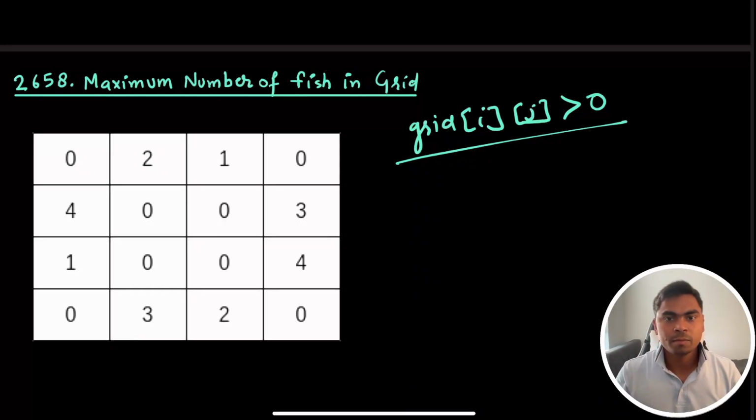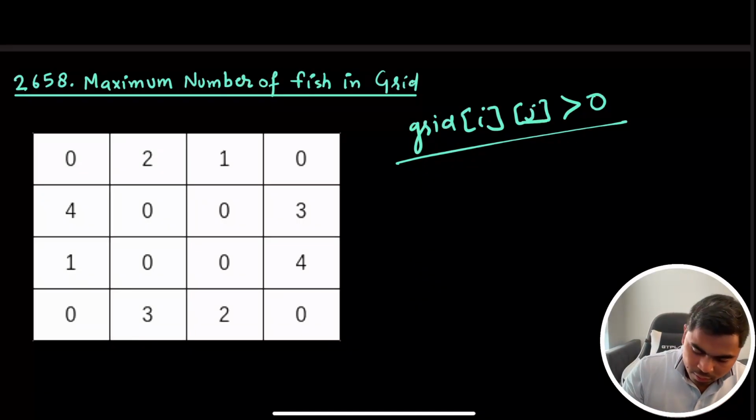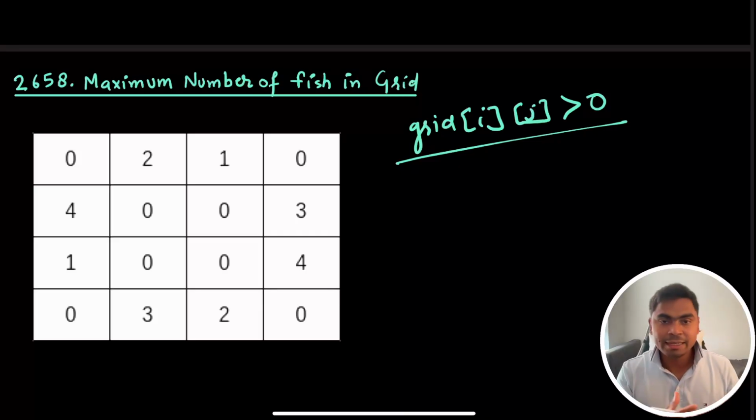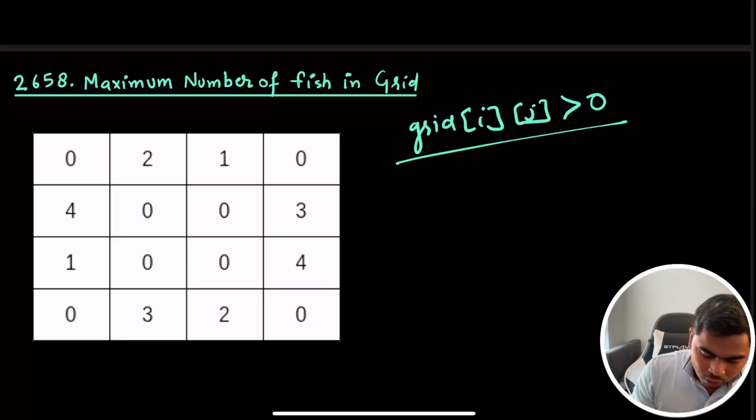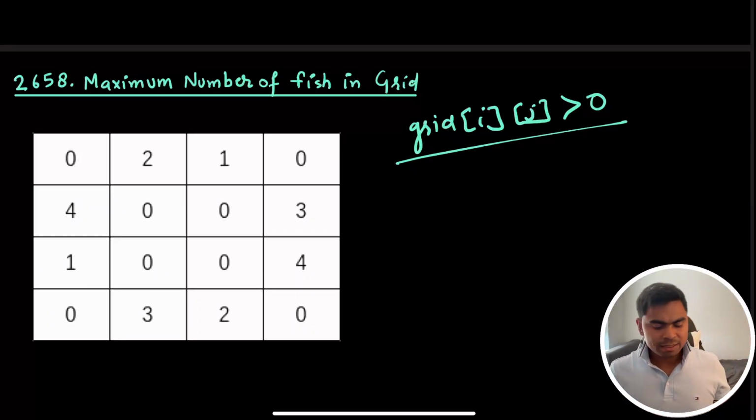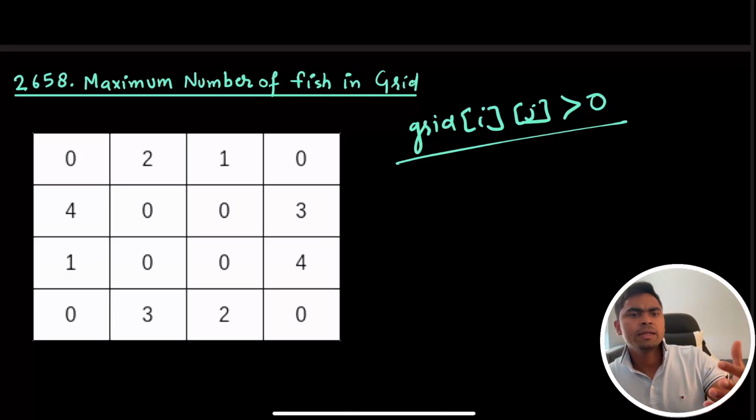We collect these fish and sum them up together, and return the total from all the neighboring cells. That's how we did it in maximum area island, and the way we did it, we were adding 1, but in this case we'll be adding the value.